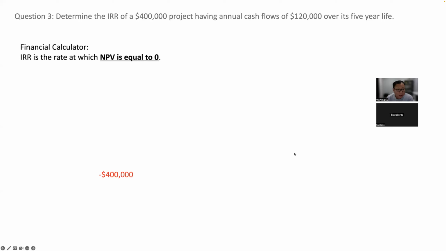Again, for IRR, this rate will make net present value equal to 0. The internal rate of return is the rate at which the project has a net present value of 0.